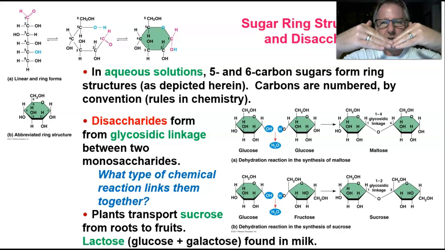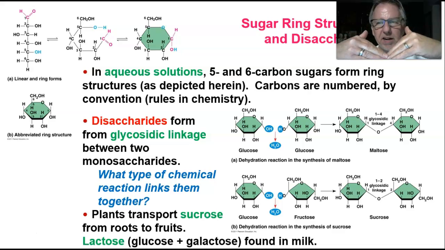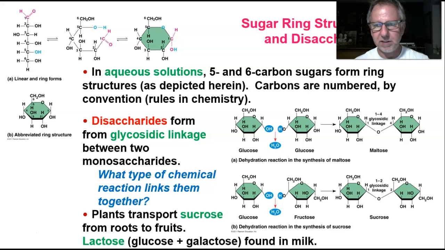And then the 2 monomers bond together and you have a bigger molecule. In this case, the 2 monosaccharides bond together and you have a disaccharide. If 2 glucoses link together, that makes something called maltose. In figure B, if a glucose and a fructose bond together, those make sucrose.